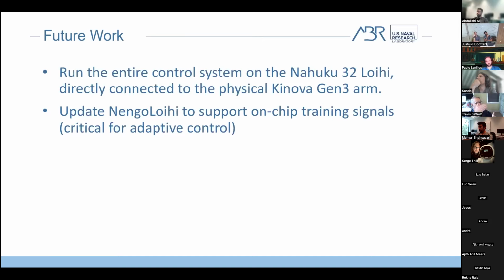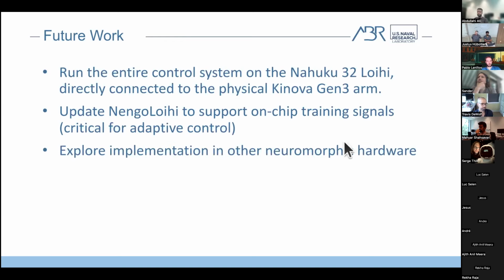So we get on chip, off chip, on chip again, which introduces both noise and latency. I think that's the source of why the adaptation isn't running on the Loihi here. So it would be an update to NengoLoihi to get that going.